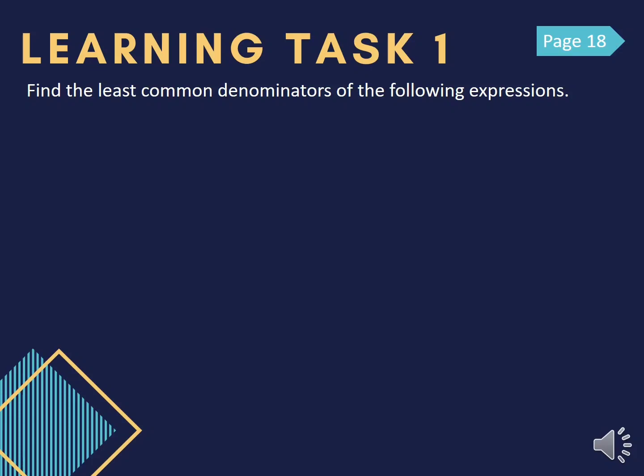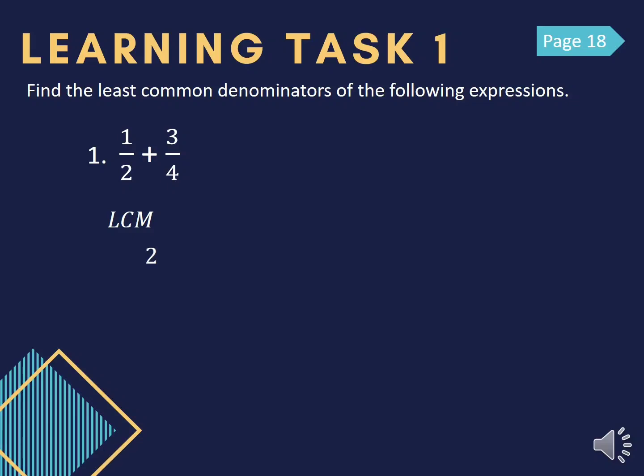We are tasked to find the least common denominators of the following expressions. First, we have 1/2 plus 3 over 4. So how are we going to find the LCD or the least common denominators? Take note that in order to find the LCD, we have to find the least common multiples of each number in our denominators.